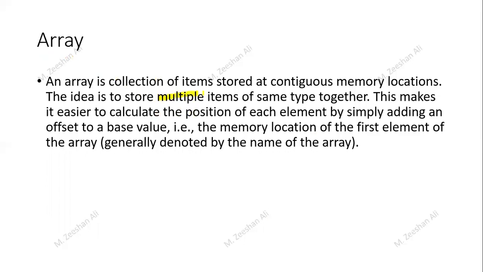Okay, means it is possible that in our array we have 30 different items or 100 different items or 1,000 different items. Okay, but yes, it is very necessary that they all should be of the same type.